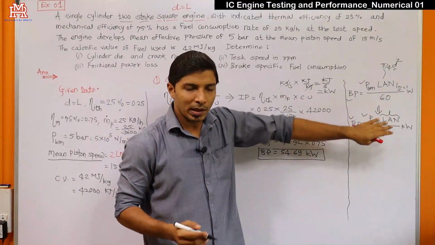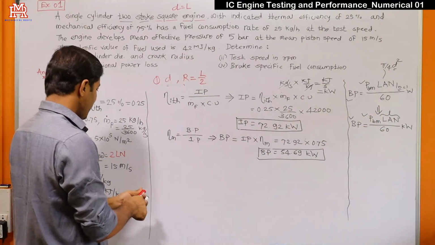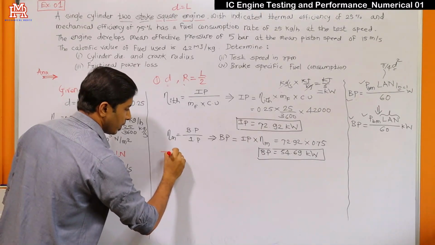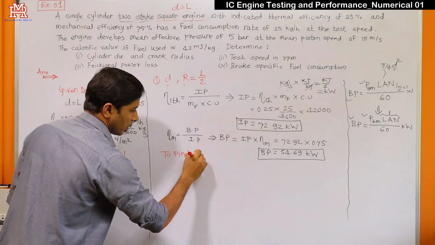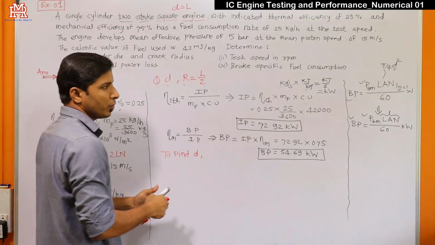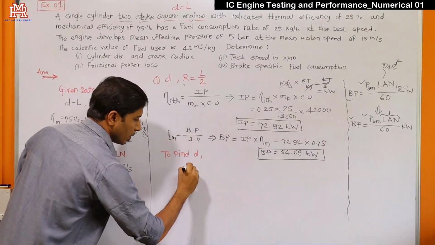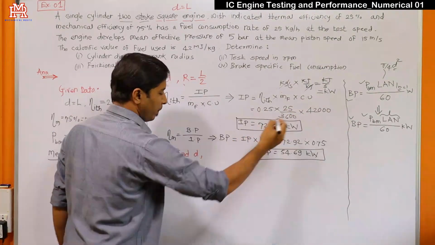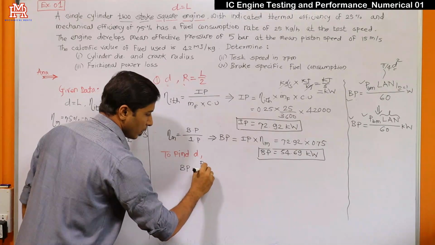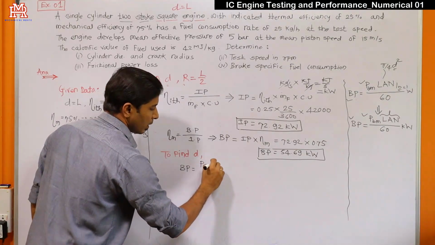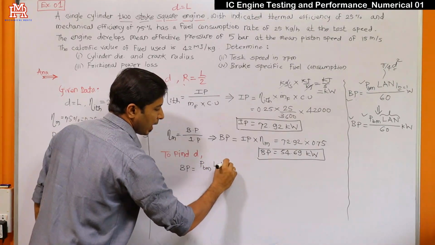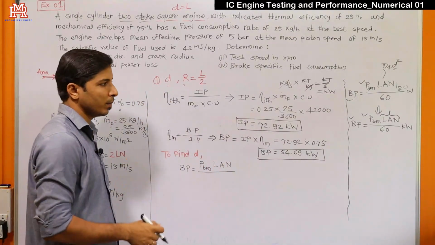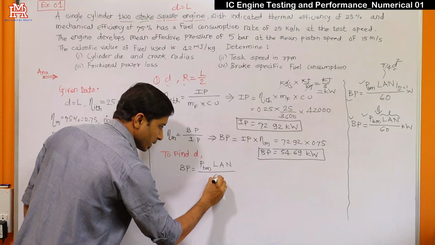So I will use this formula. Now you can say, to find d, we'll use this formula. Brake power is equal to PBM, brake mean effective pressure, stroke length, area, revolutions per minute, divided by 60.